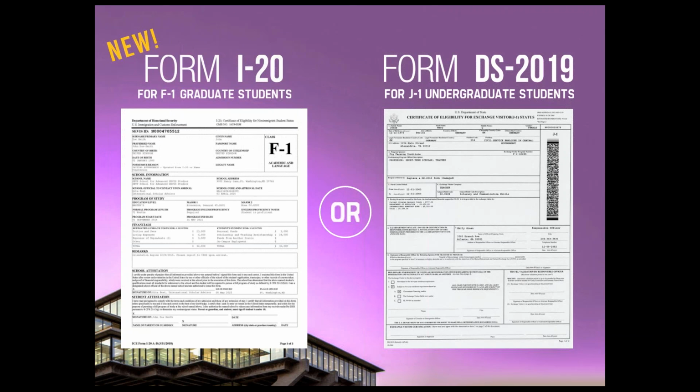So it looks like 88% of you have already received your F1 visa. Congratulations. Please make the most of your time during the summer and prepare everything. You're one step closer to arriving in the U.S.